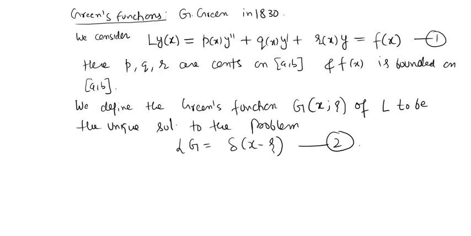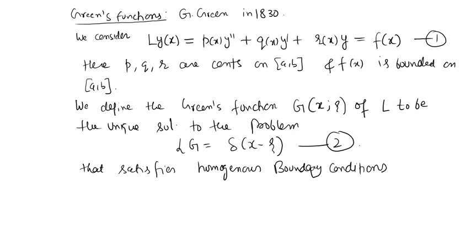So here g is the unique solution of the problem Lg equal to delta(x minus xi), where this is the Dirac delta function, and that satisfies homogeneous boundary conditions g(a, xi) equal to g(b, xi) equal to 0.